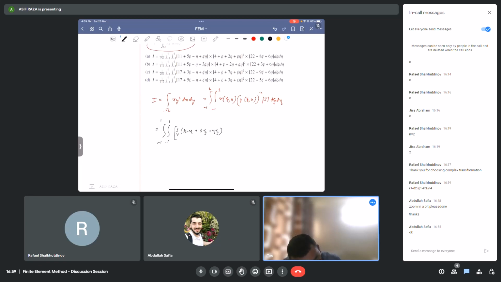This one is x, y. Is this clear what we should do?